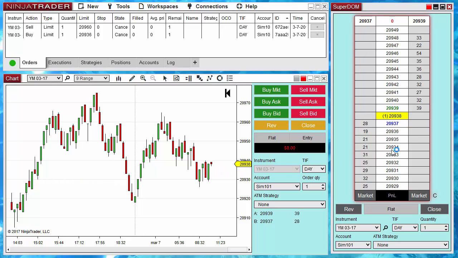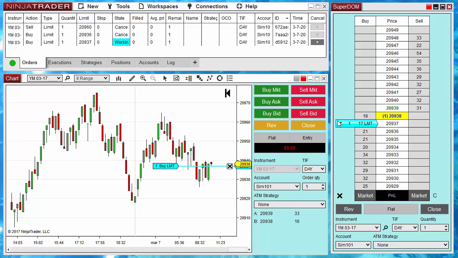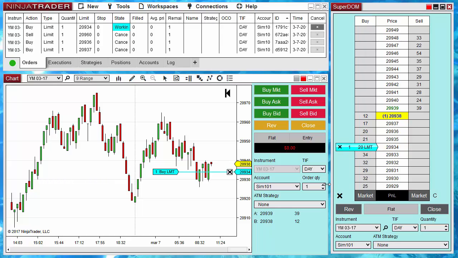If, for example, we place a buy limit at 37, we have 28 orders pending in front of our order. If we place an order on the live market, not on sim, that number will increase in one contract.